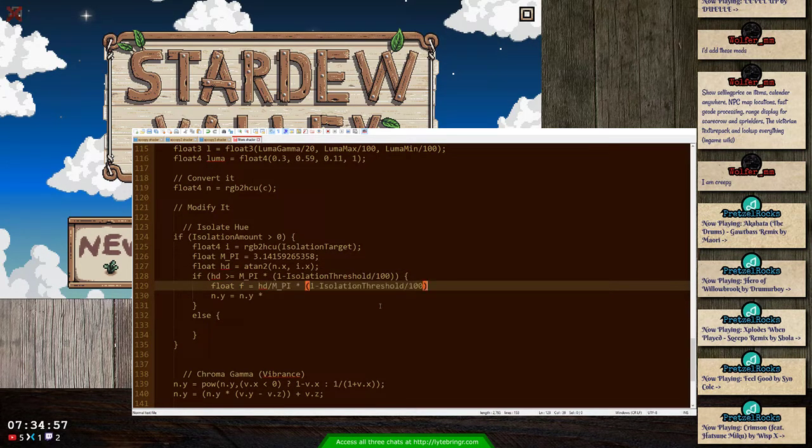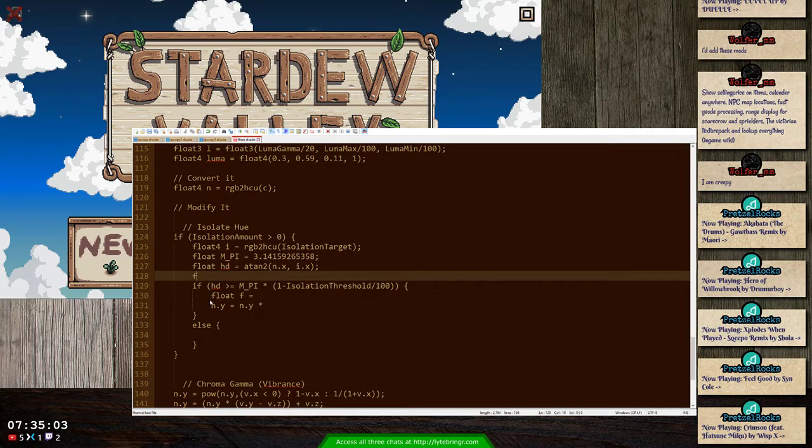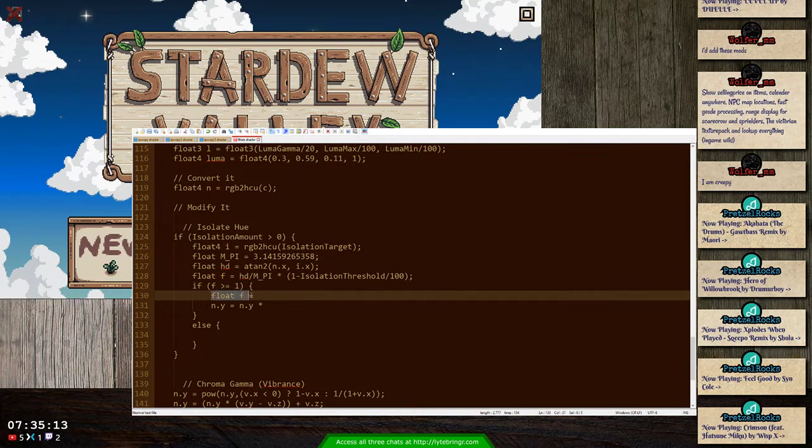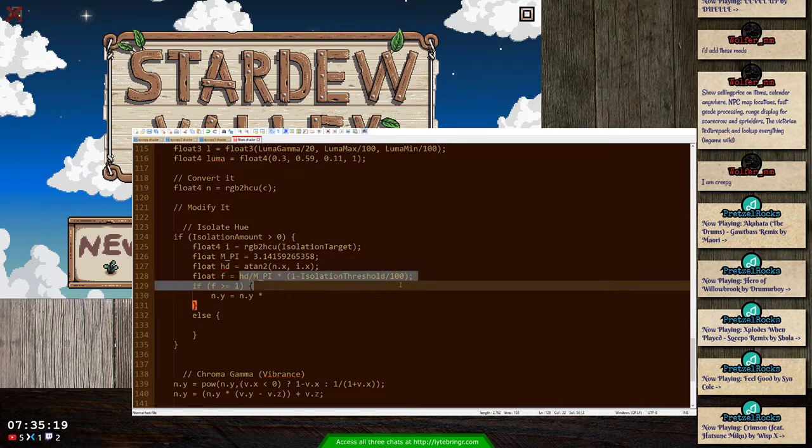Like, that's exactly what we're looking for. So we should pre-compute this, and then check if f is greater than or equal to 1, because we compute this fraction of the distance.